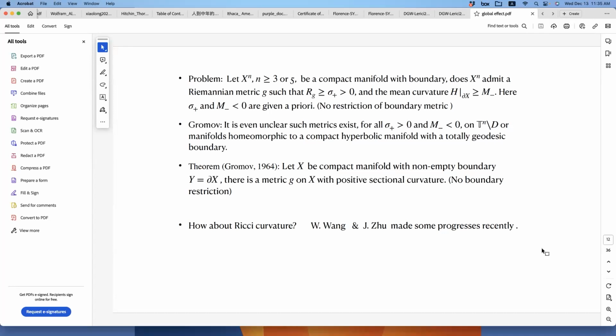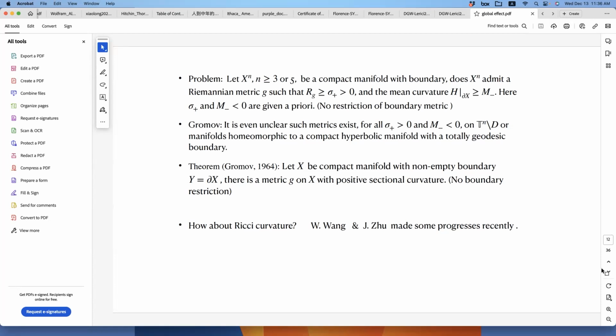His theorem said that there is always a metric G on X with positive sectional curvature. In this case, there are no boundary restrictions. So how about Ricci curvature? My former students Wenlong Wang and Jing Tianzhu told me that they had proved similar extension theorems for Ricci curvature.